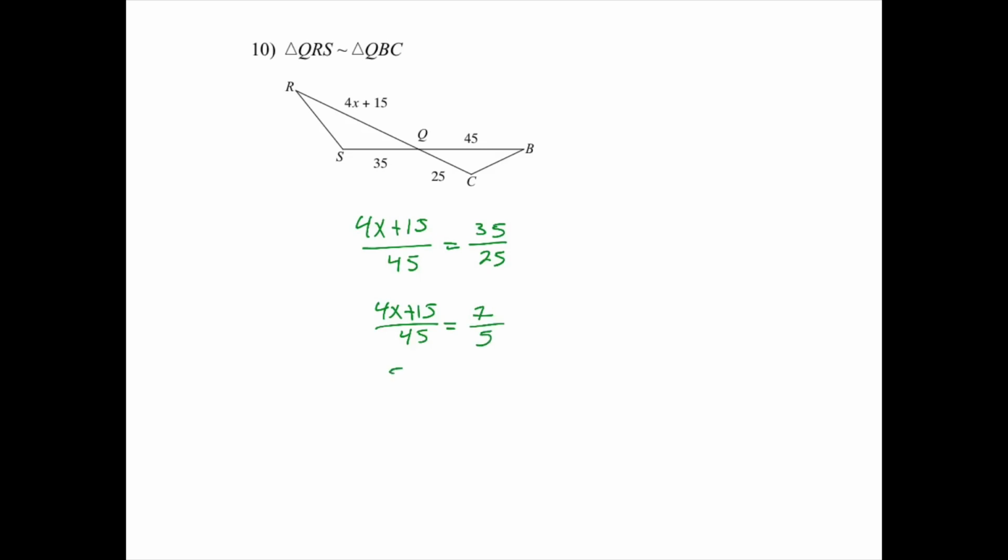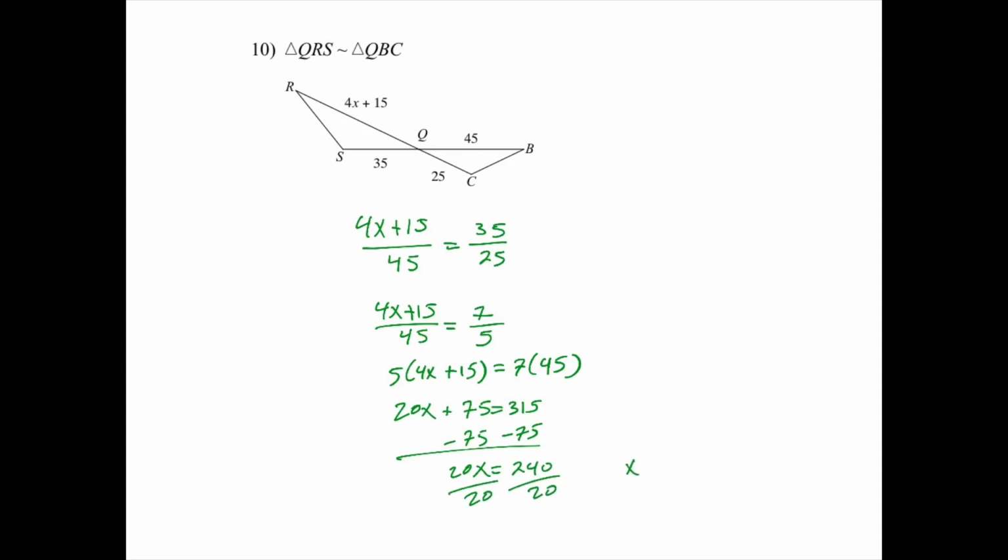Cross multiply, so 5 times 4x plus 15 equals 7 times 45. 20x plus 75 equals 315. 20x equals 240, and now I'm just dividing by 20. So x equals 12.